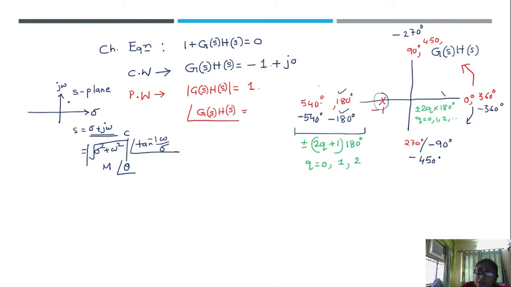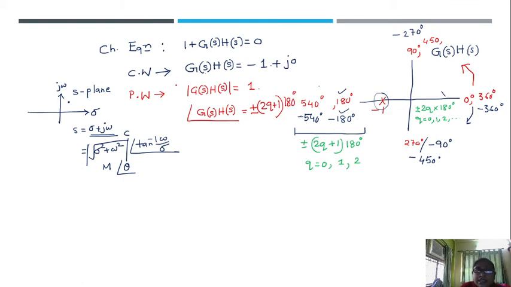Similarly, if it is 2, it will again have a value. So if I want to express this plus or minus 180 degree line, the generalized expression will be plus or minus (2q plus 1) into 180 degrees.